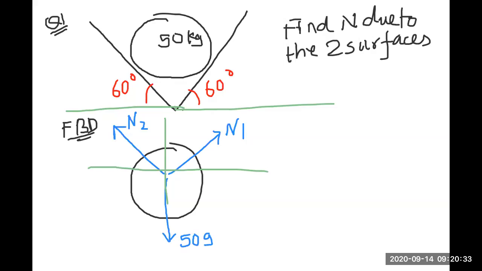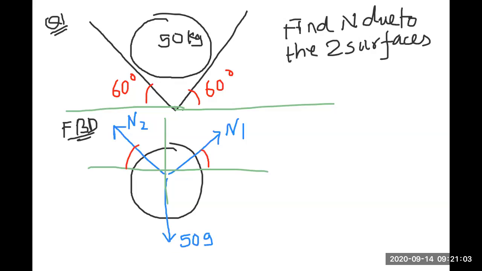Now I know that the problem is symmetric. Symmetric means one place is 60 degrees, another place 30 degrees, another place again 60 degrees. Since the problem is symmetric, I know that the two blue arrows N1 and N2 that I have drawn are symmetric to each other. Right. This means that whatever this angle will be, same angle will be here.